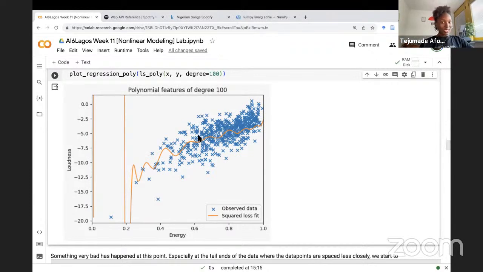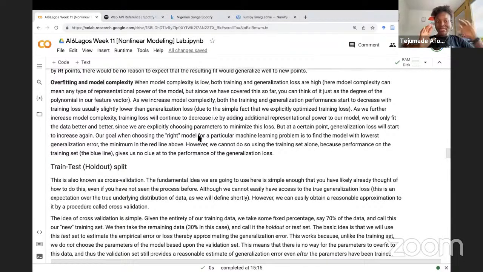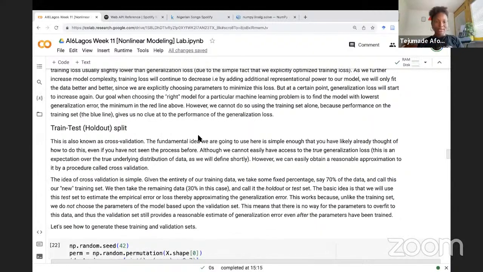But because we do know some things about machine learning, and we've heard about overfitting, we quickly realize that this is not the best possible thing to do, because it's good for the training data, but we don't usually care about the training data in machine learning. We care about something we've not seen before. So to create that scenario, we need to do a holdout or test split or validation split, in whichever camp you belong.